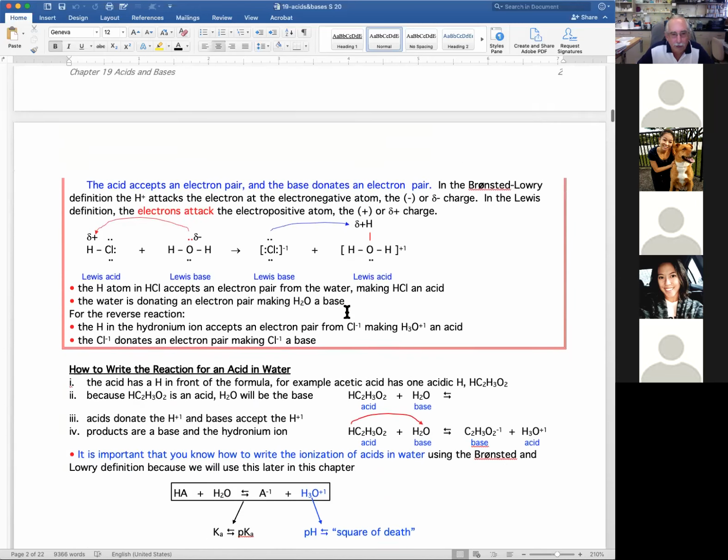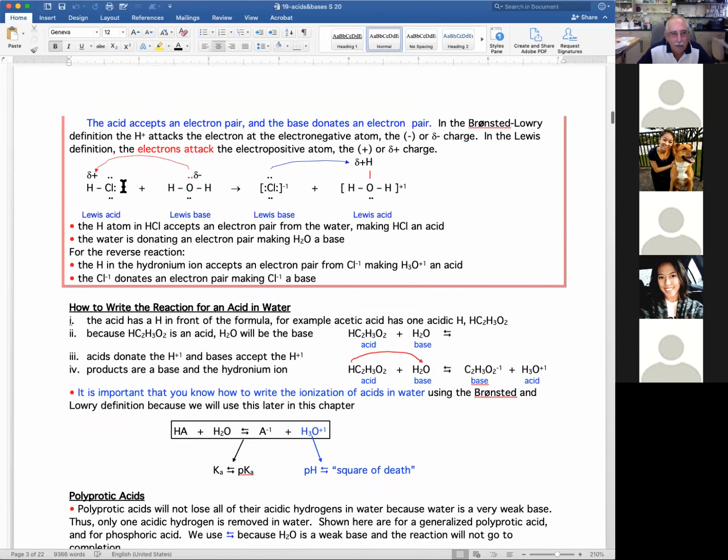So let's look at this reaction right here. Here's the acid, here's the base. These are the same things that we did up above in the other definitions. But he's saying that it's the electrons that start the reaction, it's not the H plus. So here, the partial negative from this electron cloud attacks the partial positive of that hydrogen ion. So this hydrogen ion then becomes part of the hydronium ion.